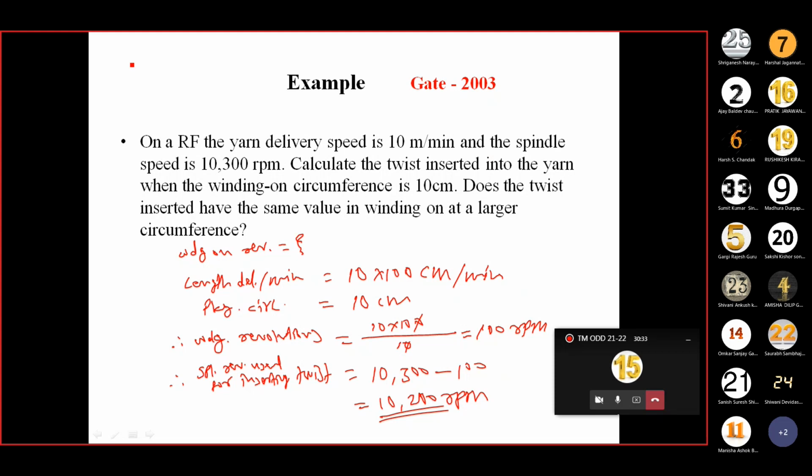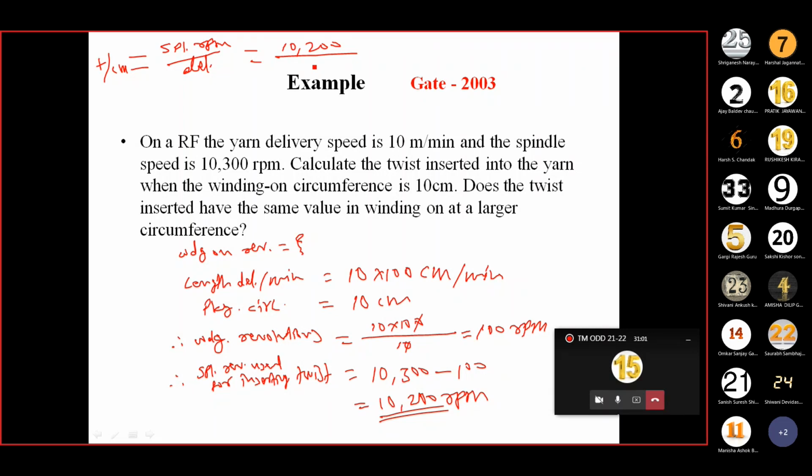Now, as I don't have space, I am writing here: twist per centimeter is equal to spindle RPM divided by front roller delivery, in centimeter per minute. So here spindle RPM is 10,200 divided by delivery.